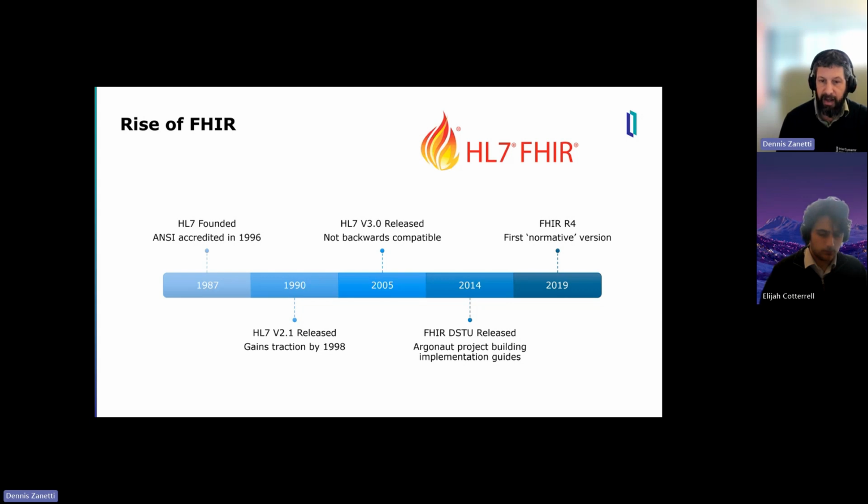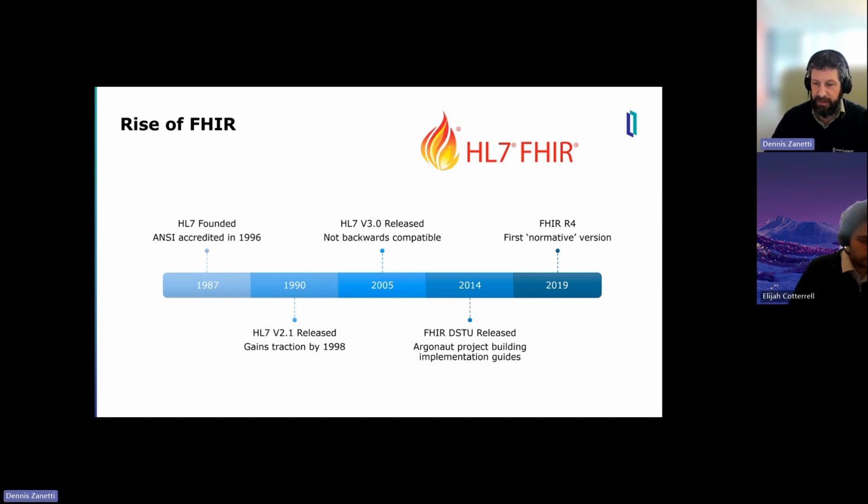In 2005, we saw a new version, HL7 version 3, but when it was created, it wasn't backwards compatible with version 2.0. And so that kind of stalled the development of it. We continued to see usage around version 2. Version 3 is still available and is still in play, but version 2 is really predominant today.